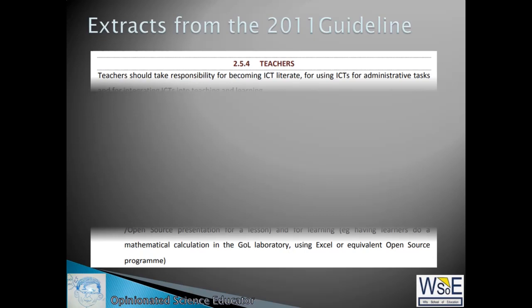Now, phase 2 was then implemented on a larger basis, and this was quite successful according to the Department of Education in a number of ways, which include the following. Firstly, there were functional school and district-based ICT committees. Teachers were involved in peer-to-peer coaching taking place in some of the surveyed schools.